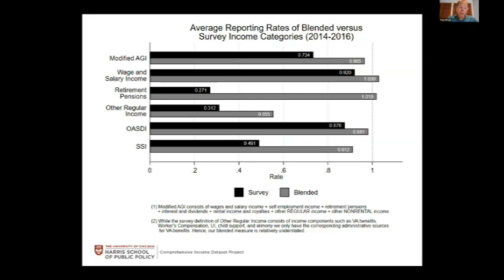You will see that overall, the survey income measures are far below the benchmarks, but our blended income data are much closer to benchmarks. Some components are even slightly above benchmarks, but they are part of a larger income concept, modified AGI, that is still below its benchmark. Other components like OASDI and SSI, for example, are much higher than their survey measures, but still below the benchmarks.